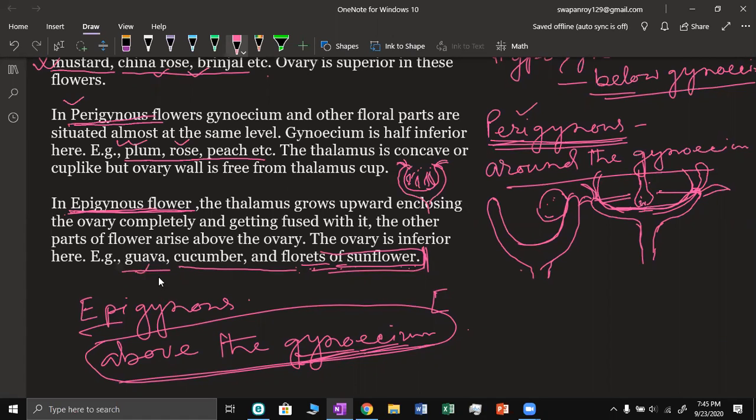Have you seen this in the case of guava? Guava is very common. Whenever you eat it, you will find a scale-like hard structure at the base, at the tip of the fruit, right? These are actually the calyx.